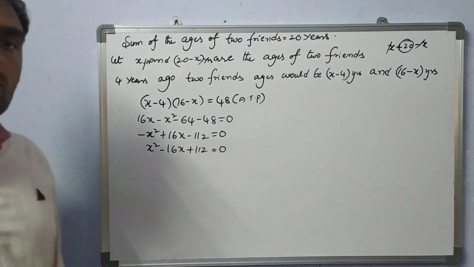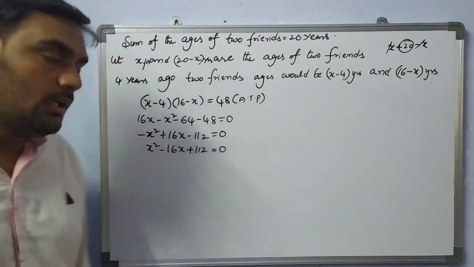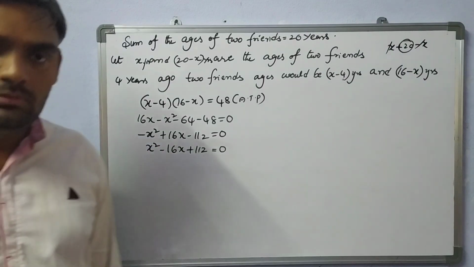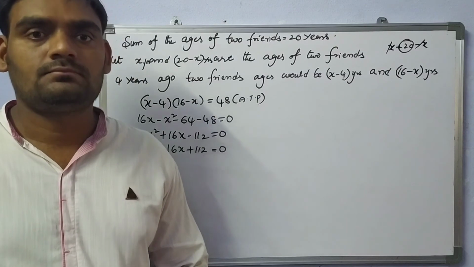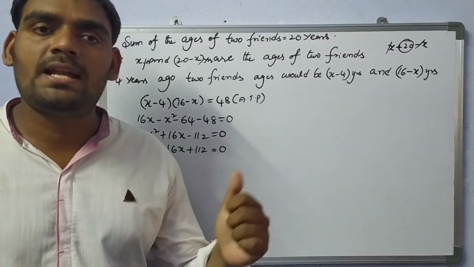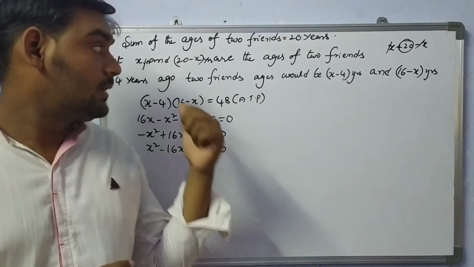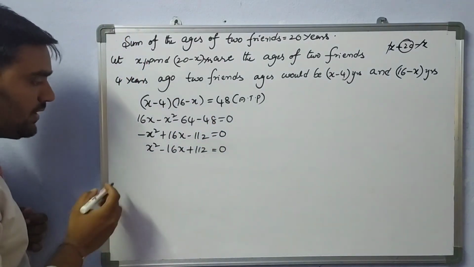So in this problem, is this situation possible or not? We need to find. How can we find this? We need to find the discriminant. If the value of the discriminant is greater than 0 or equal to 0, this situation is possible. Otherwise, the given situation is not possible. So here, we need to find the discriminant value.